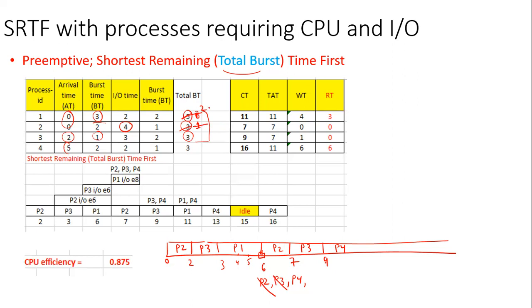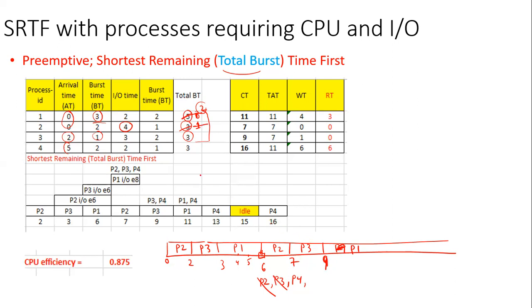Because it's 2. P3 will go up to 9, but you will take P1 here, no? Because it's just 2 units, and P4 also 2 units, but because P1 comes first, we will take it.